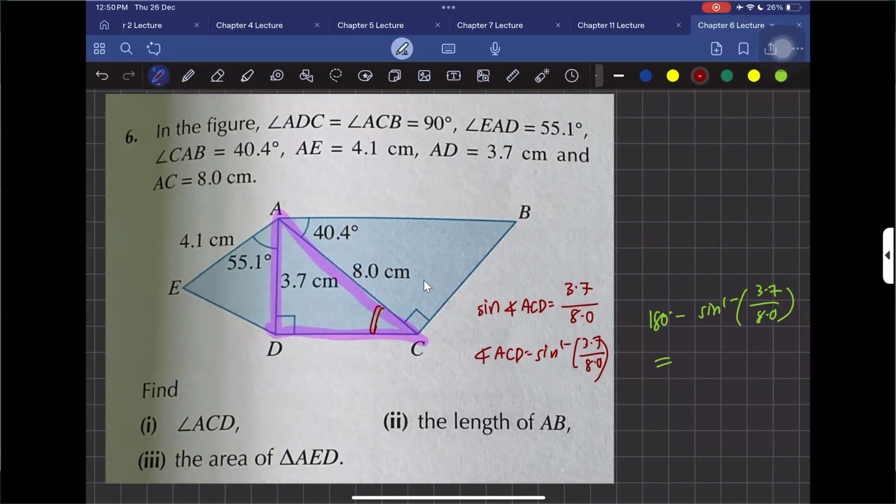This gives you 27.5 degrees. Can it also be 152.5 degrees? Yes or no? The answer is no, because although they give you the same values, if you take a look at this diagram, your ACD is an acute angle and not an obtuse angle. So you've got to use your judgment.